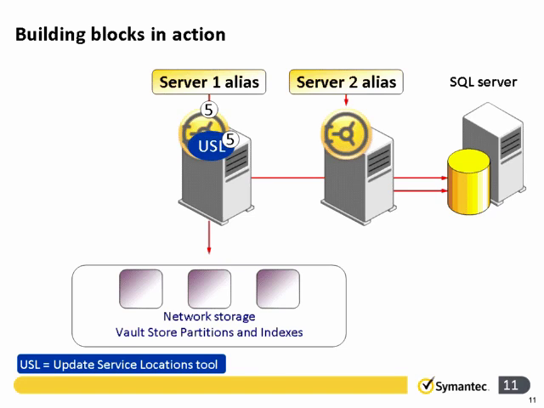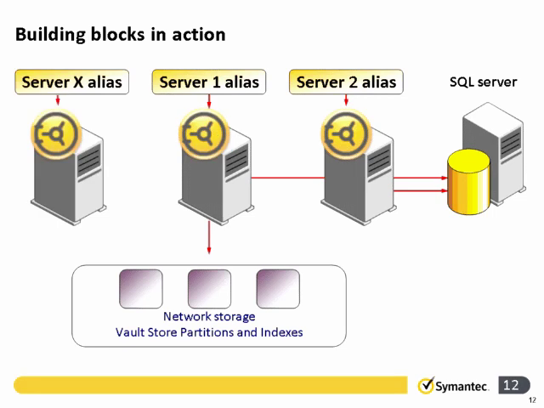The next model is typically called an active-passive failover model, and in this particular model we're going to introduce some number of additional Enterprise Vault servers. In this case, we're going to set up a DNS alias to point to server X, whatever number there happens to be out there.